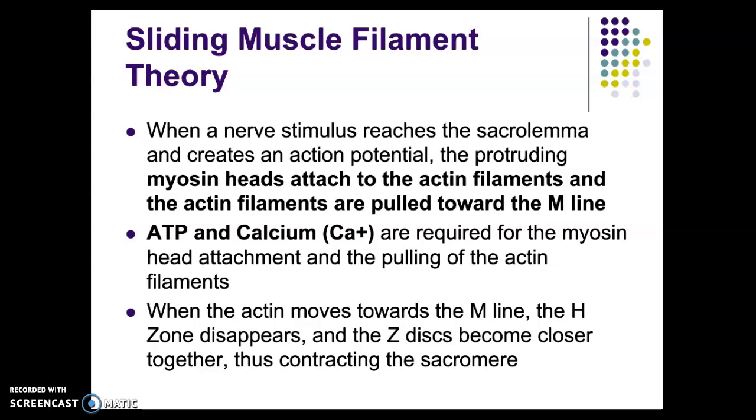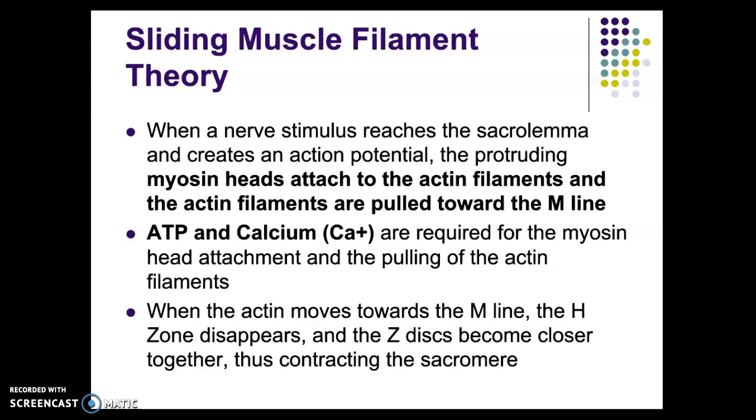So when a nerve stimulus reaches the sarcolemma, what's going to happen is that ATP is going to fuel the myosin heads to grab onto actin. But myosin can only grab onto actin if calcium is bound to actin.